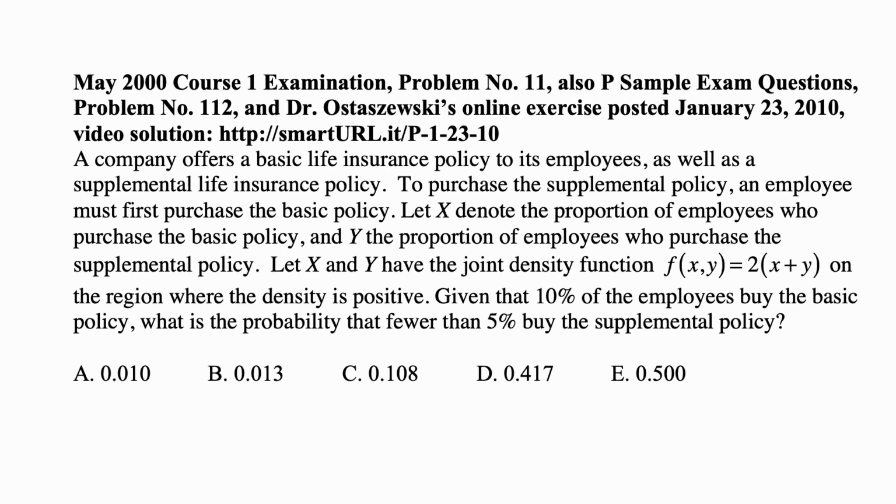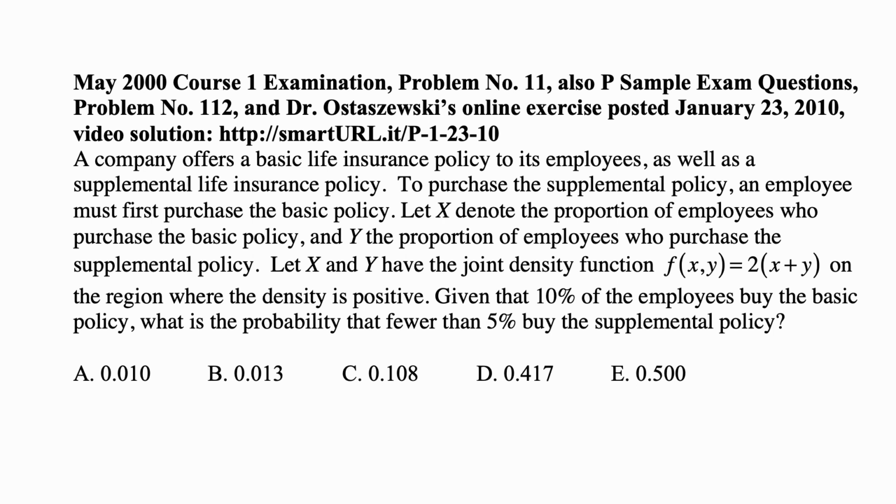And here's the problem for today for exam P on probability. A company offers a basic life insurance policy to its employees, as well as a supplemental life insurance policy. To purchase the supplemental policy, an employee must first purchase the basic policy. Let X denote the proportion of employees who purchase the basic policy, and let Y be the proportion of employees who purchase the supplemental policy.